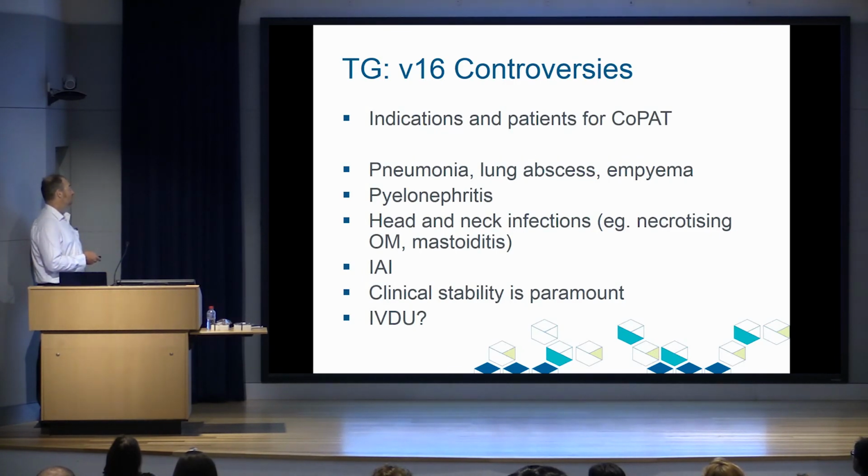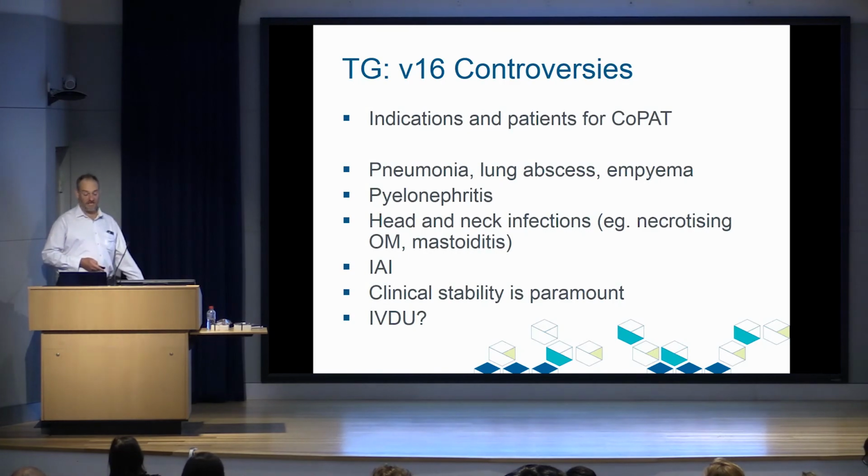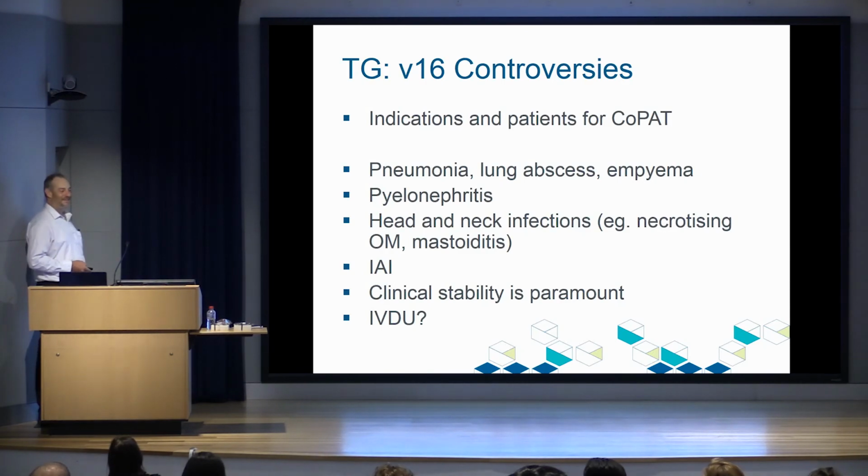But certainly the literature is full of pneumonia and pyelonephritis treatment, and pyelo particularly in children. I put IVDU. Clinical stability is obviously the paramount thing here. IVDU, if we didn't take IVDU, we would hardly have any IDAC patients. So that says a lot about Meth Town, doesn't it?